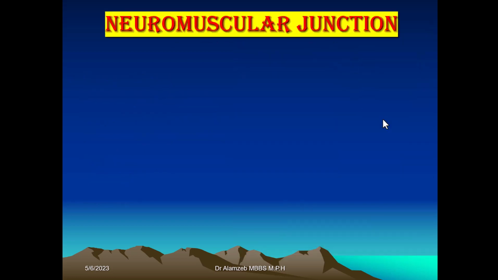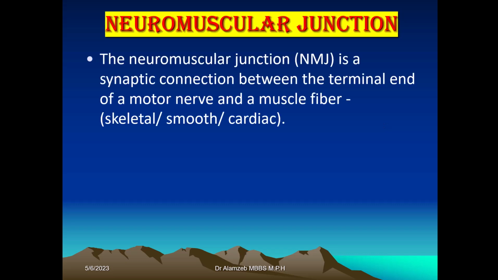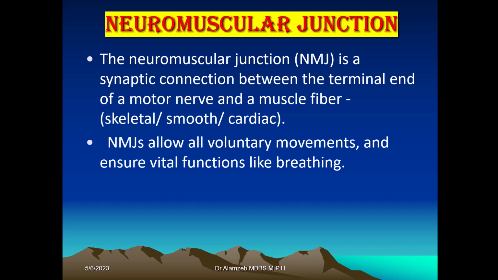So this was all about the neuromuscular junction. In this we learned that the neuromuscular junction is a synaptic connection between the terminal end of a motor neuron and the muscle fiber, which may be skeletal, smooth, or cardiac muscle.